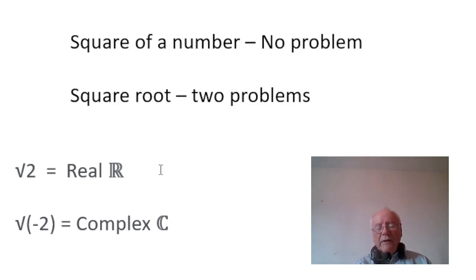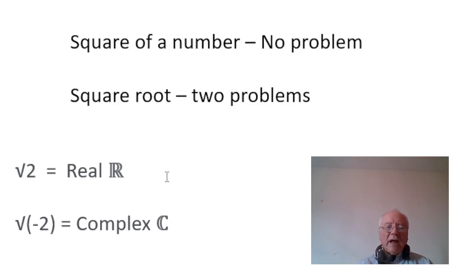And we refer to the square root of 2 and other numbers like it as the reals. And we use the double R symbol there, the rather funny capital letter that's double-struck R. That represents the real numbers. The real numbers are all the numbers that you get on a line.